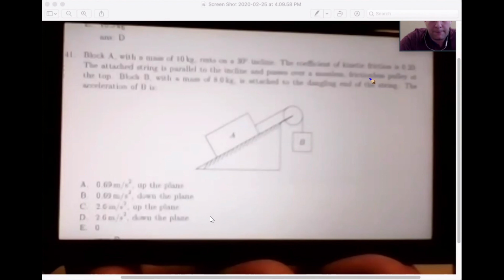What's that? What do you mean not drawing? Wait. How do you know it's blue if you don't see it?